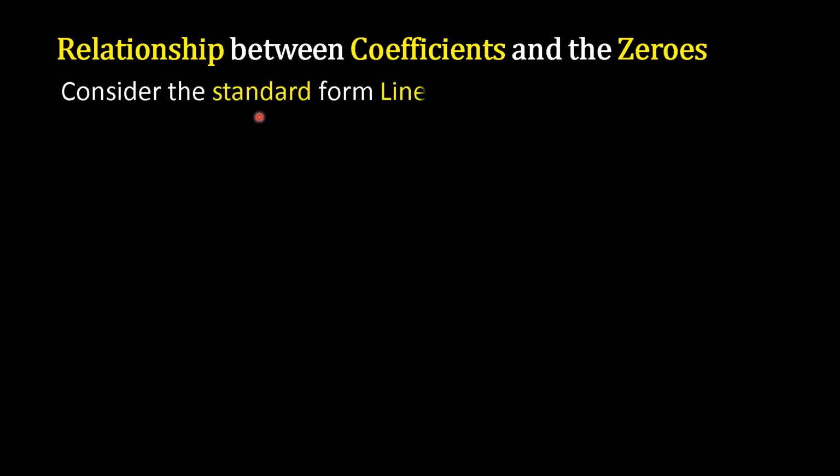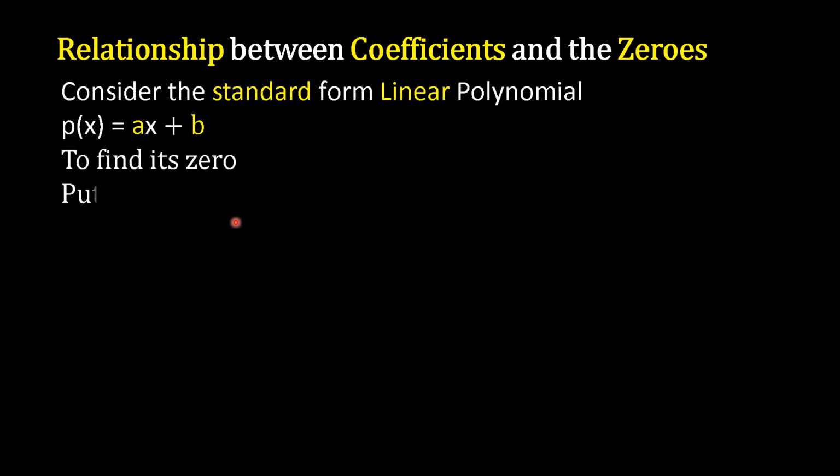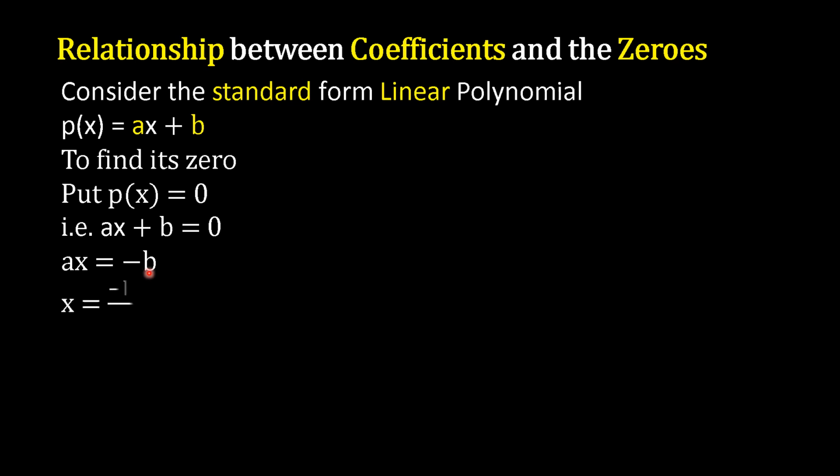Consider the standard form of a linear polynomial p(x) = ax + b. To find its zero, we will put p(x) = 0, that is ax + b = 0, which gives ax = -b and x = -b/a.